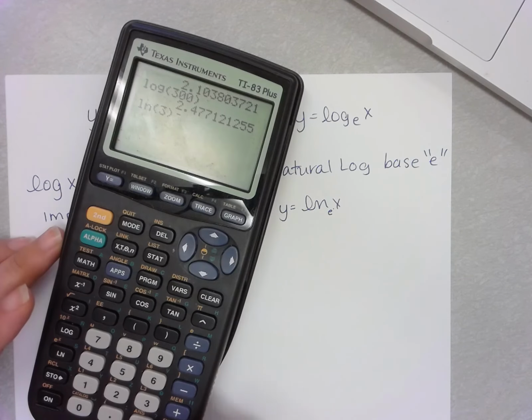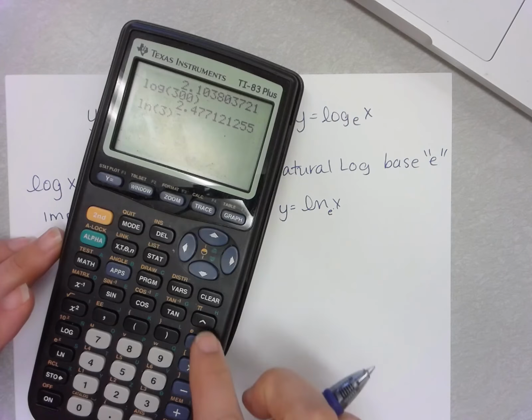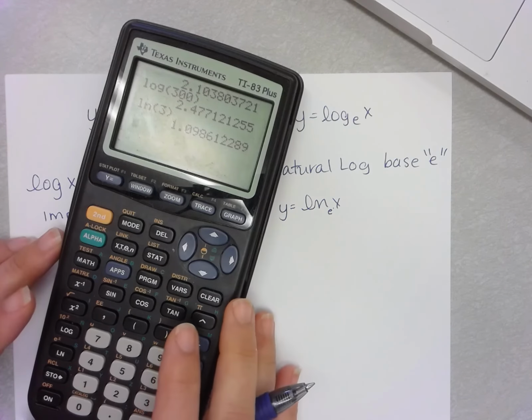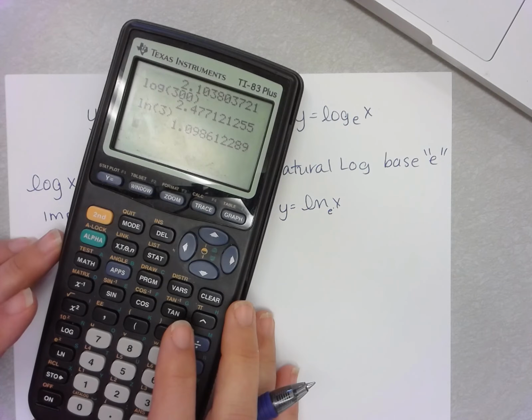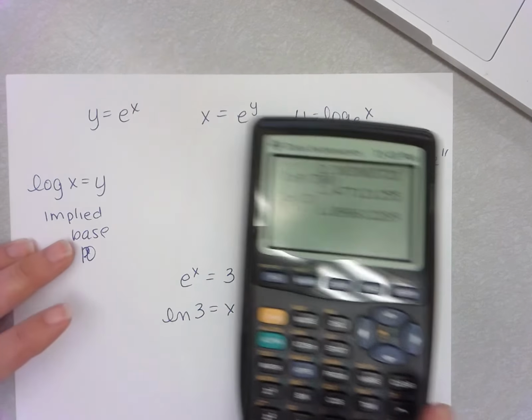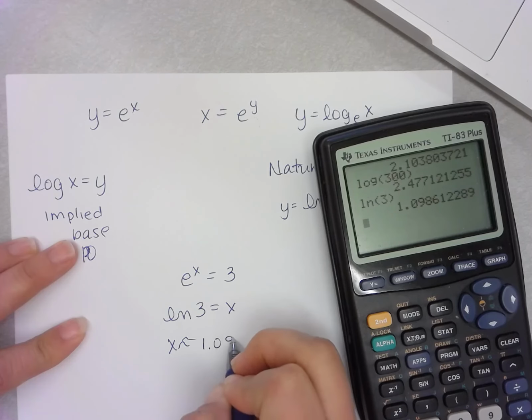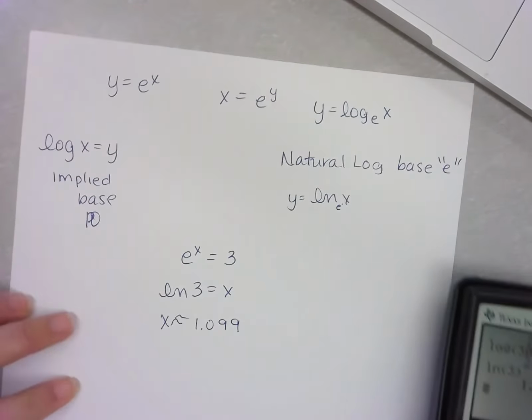And that gives me, oops, I put in an extra thing. Hit enter, and that is 1.098. So I'll say 1.099. So x is approximately 1.099. Okay?